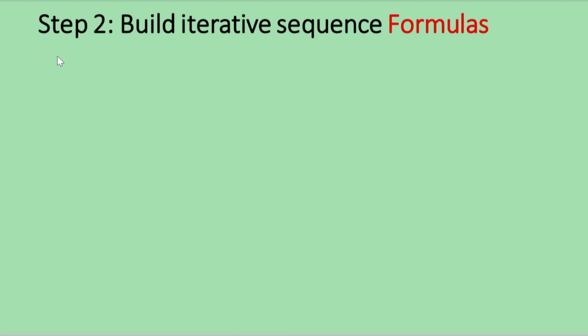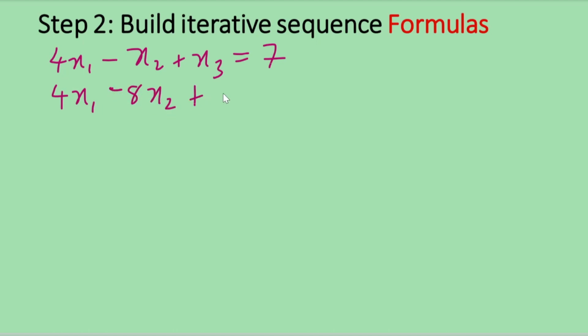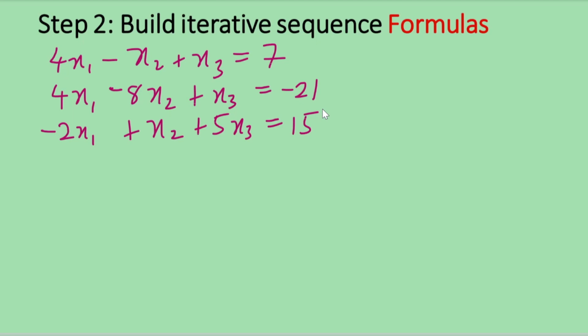So it was 4x1 minus x2 plus x3 equals 7. 4x1 minus 8x2 plus x3 equals negative 21. And negative 2x1 plus x2 plus 5x3 equals 15. Now we will look at the diagonal variables.